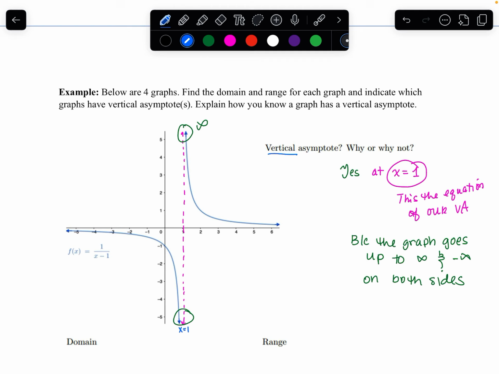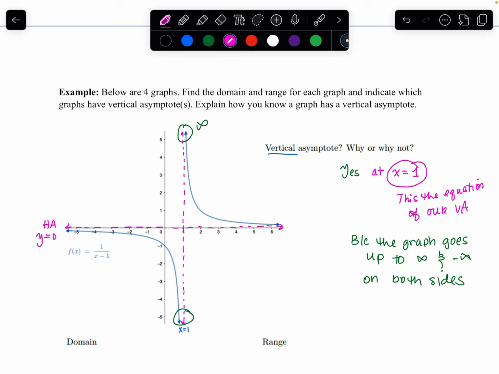One thing we didn't talk about was the domain and range of this function, but before we do that, I do want to mention one thing, and that is the existence of a horizontal asymptote. There is, in fact, a horizontal asymptote here, right? Remember, that describes our end behavior when it gets very horizontal like we see right here. And the equation of a horizontal asymptote is y equal to some number, for example, 0 here.